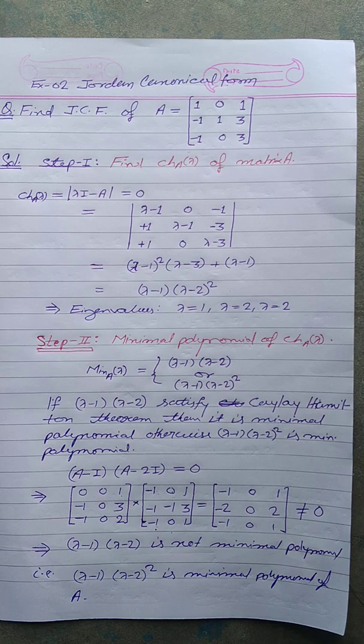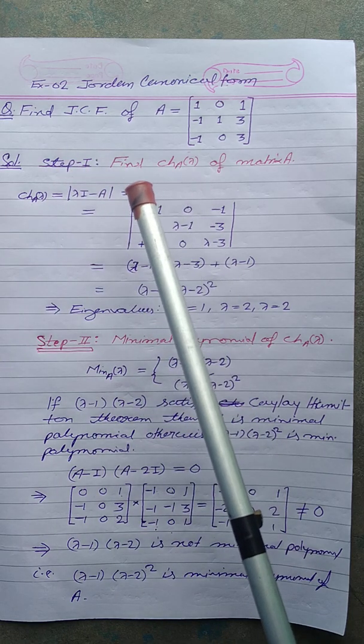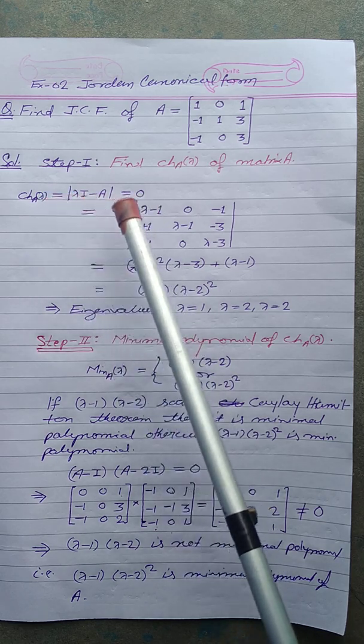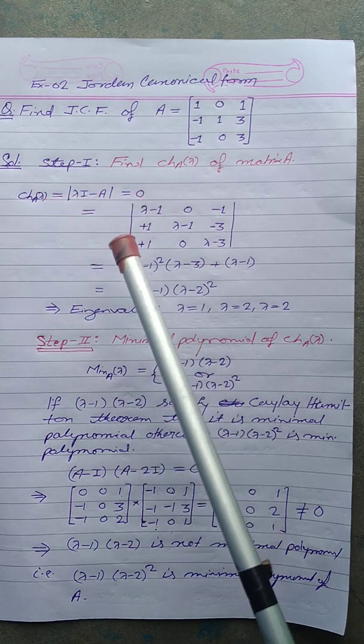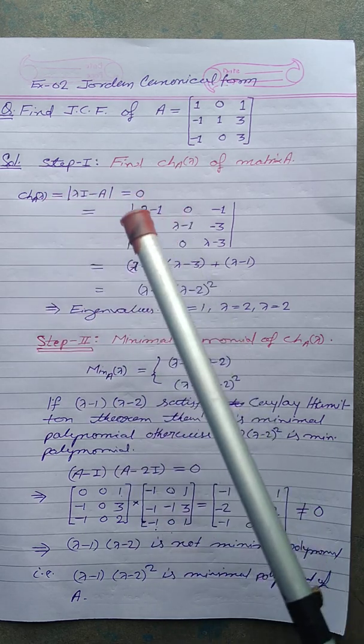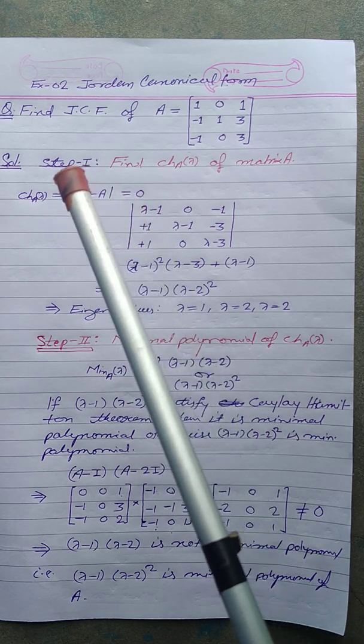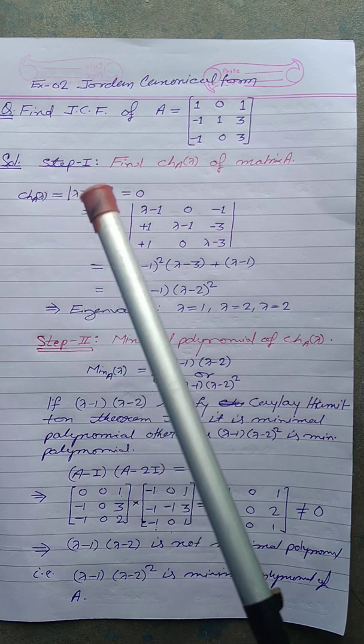Okay friends, let us start from step first. This is step first: find the characteristic polynomial of matrix A. This is the process for finding the characteristic polynomial of a matrix A, in which we are using the determinant of lambda I minus A equal to 0, where lambda is the eigenvalue of this matrix.